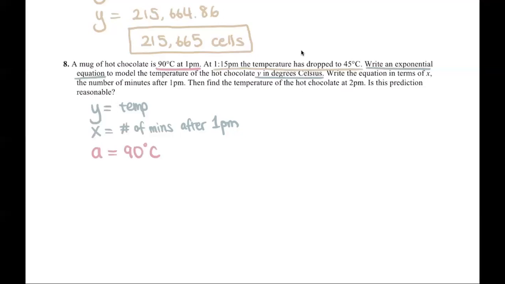All right. So before we get too much into it, let's start working on it. Let's go to Yanni. Yanni, help us set this up. What is our initial setup here? y is equal to what? 90 times b to the power of x. Good.